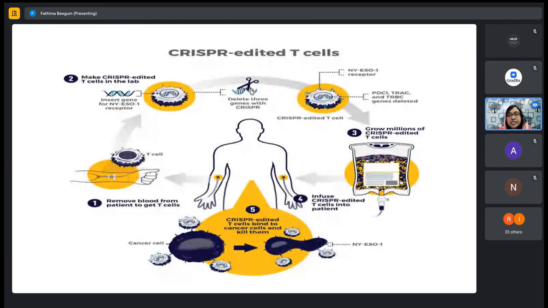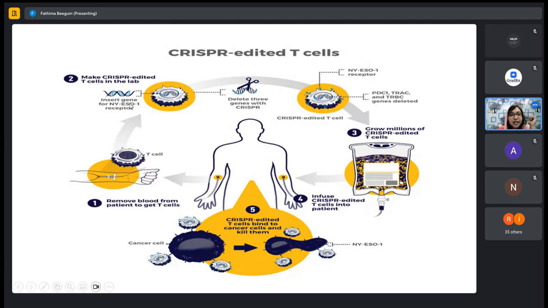So this is what happens with CRISPR edited T cells. First, blood is removed from the patient so that we get the T cells; the T lymphocytes are collected. Then the T cells are CRISPR edited in the lab, with a gene NY-ESO-1. It is actually the New York esophageal squamous cell carcinoma 1 gene. Actually, it is a receptor.